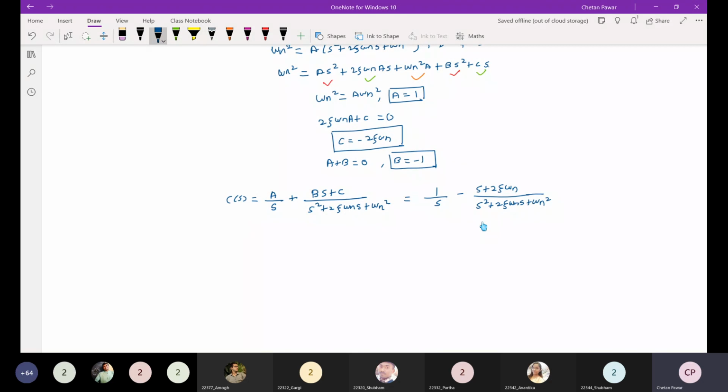Now I will just adjust the denominator like this.